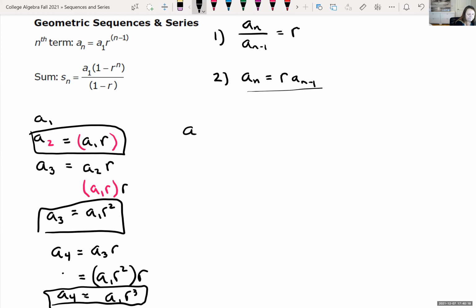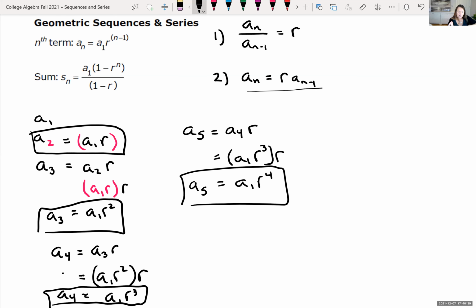If we have a sub 5, this is equal to the term right before, a sub 4, times r. But a sub 4, from what we just found, was a sub 1 times r cubed, and then times that r. So a sub 1 r to the 4th. So notice that each one of these has a sub 1 in here, all times r, but r is raised to the power 1 less than our term in the sequence.